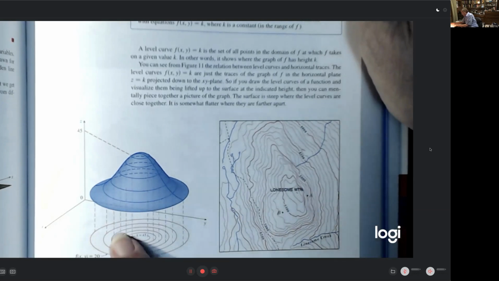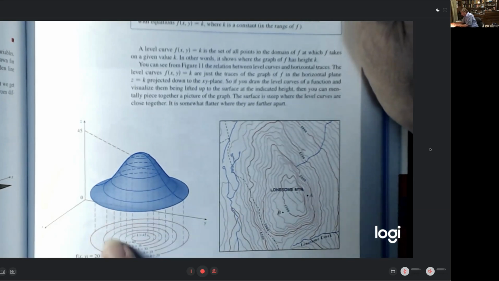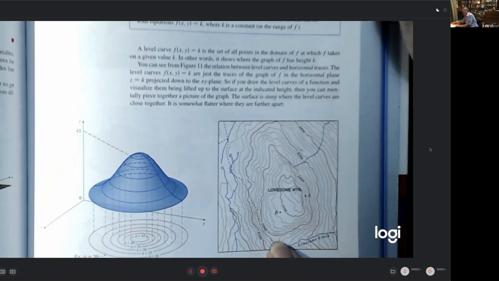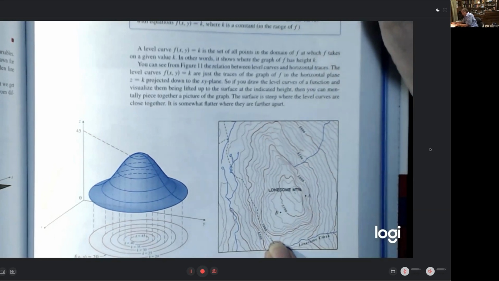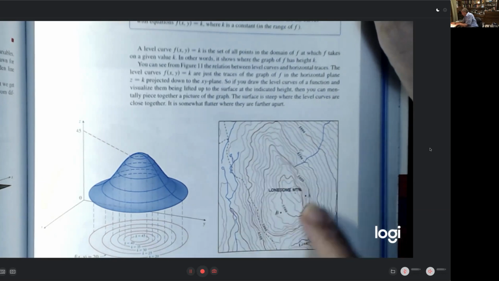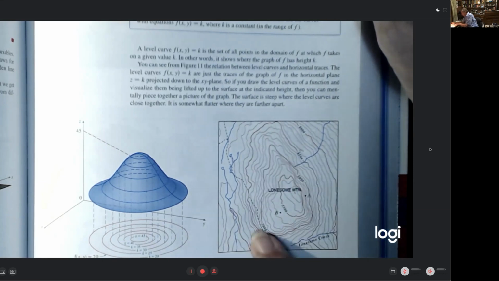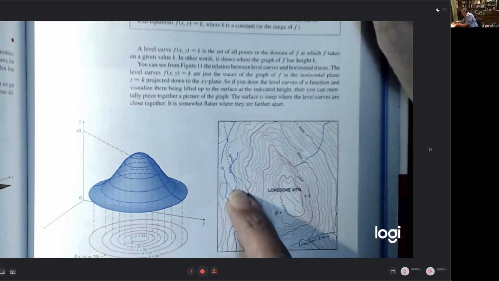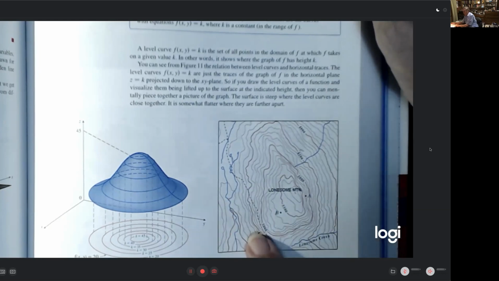So people stare at such things, for example, topographical maps. Any of you who walk around in wilderness areas might be wise to carry a map with you, which tells you about the altitudes as you're going a certain way along here. You know, if you, for example, follow this path, it may not be an actual path, but if you follow along here, you might have an altimeter with you that's telling you what the altitude is.